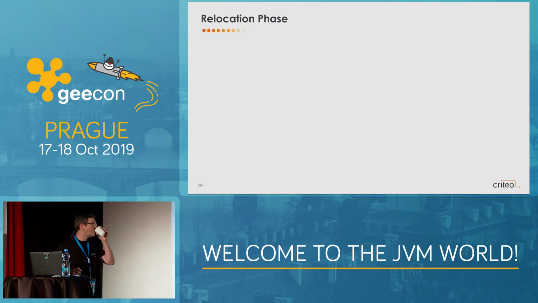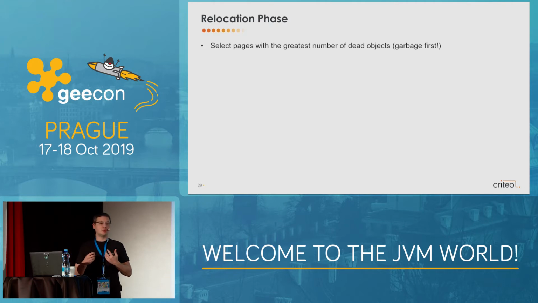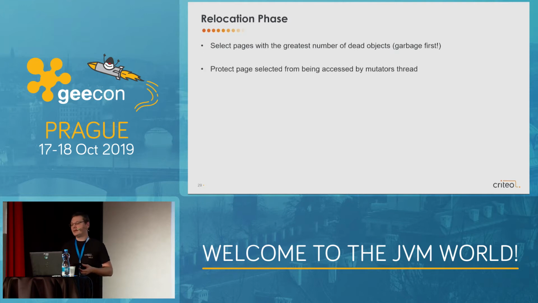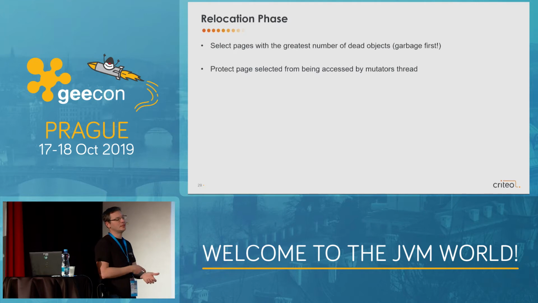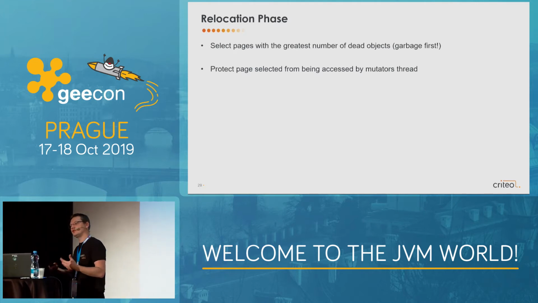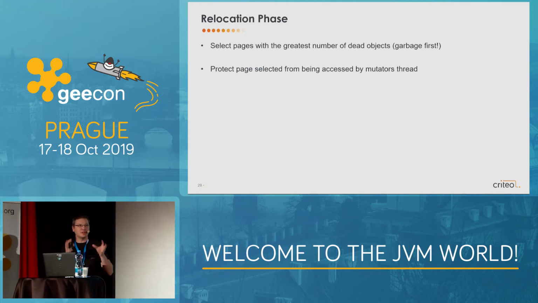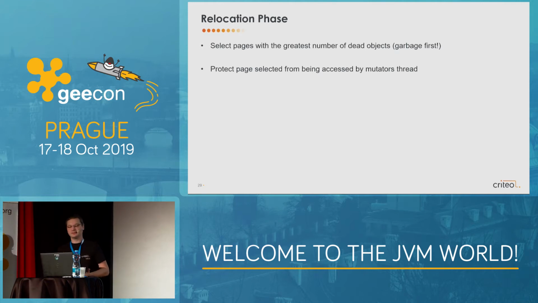Relocation phase. For the relocation phase, we do the same. In fact, we select the pages with the greatest number of dead objects, garbage first, and we then logically protect the page that we selected to evacuate. So if a mutator thread needs to access an object inside this protected page, the LVB will be triggered.